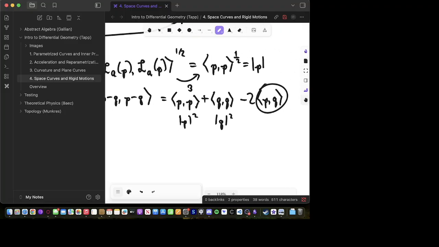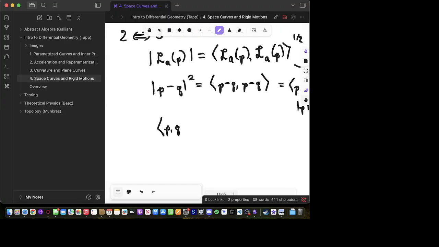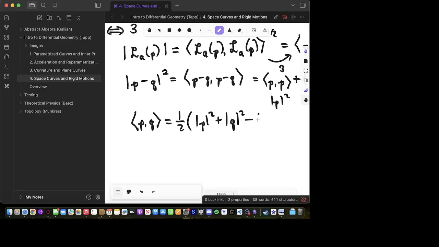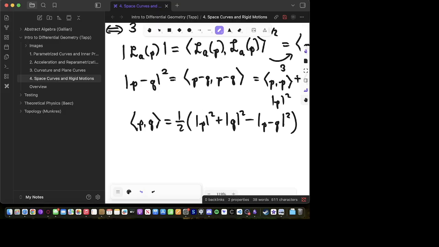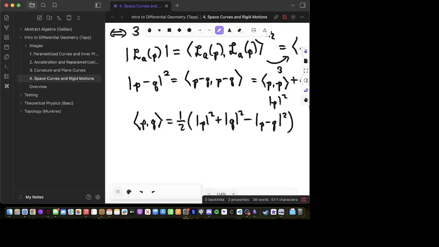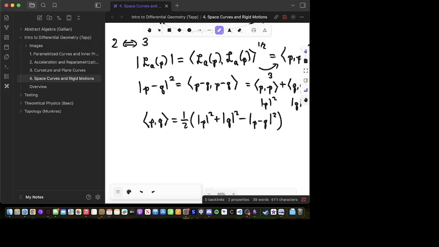If we solve for this, and I'm not going to do all the algebra, it ends up being something along the lines of this. And therefore, if the rigid motion preserves norms, because the inner product depends on the norm, then it must preserve the inner product as well.